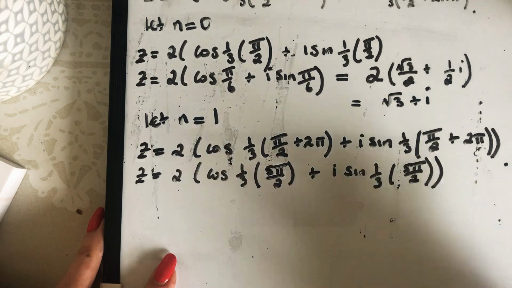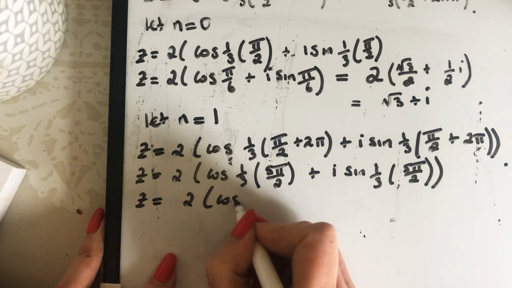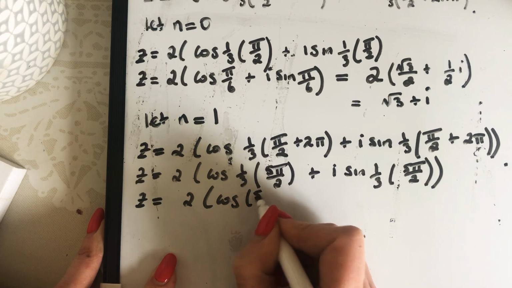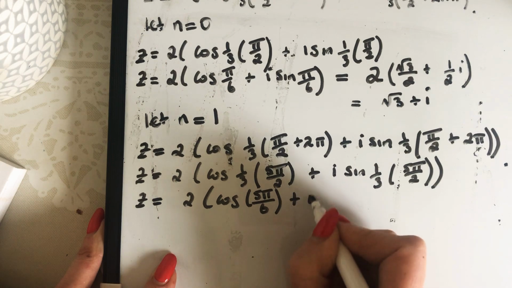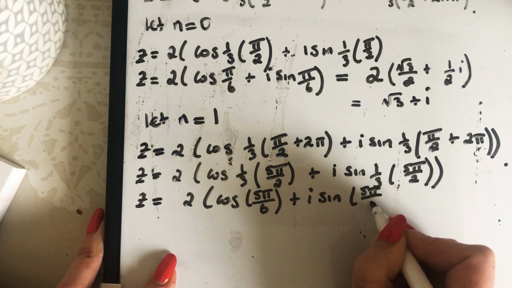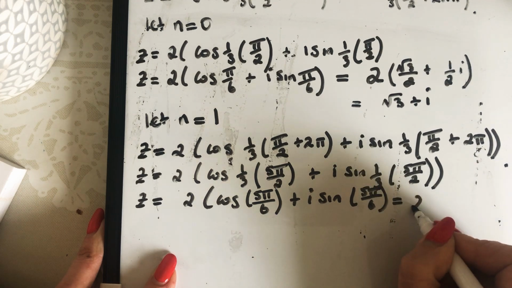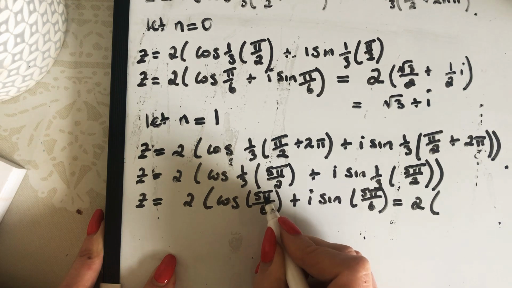And let's multiply in the 1/3 now. So 5 pi over 6, 3 by 2 is 6 there. Now let's go to the calculator. So we'll leave our 2 there again, like over here, and we're going to put in the calculator cos 5 pi over 6.